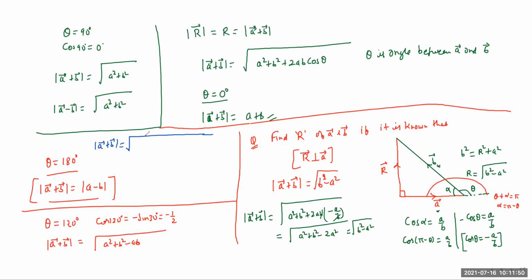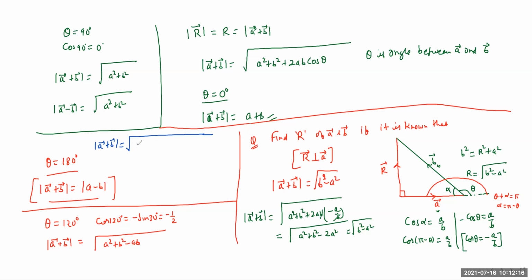But the rule says that the angle between two vectors must be less than or equal to 180. So we take the angle which is less than or equal to 180. We don't take the angle beyond that. So the angle between two vectors cannot exceed 180 degrees. Remember it.